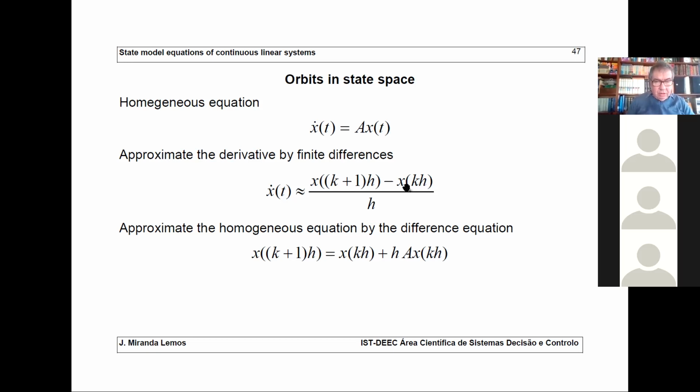So I pick 2 consecutive of these points, and if I divide the difference between the x's, the x on these two different time instants, by h, if h is very small, then this is an approximation to the derivative of x. So I plug it here, and I plug this in there. I solve it with respect to x of (k plus 1)h. Okay? Is this obvious, that by approximating the derivative with this and solving with respect to (k plus 1)h gives this or not?